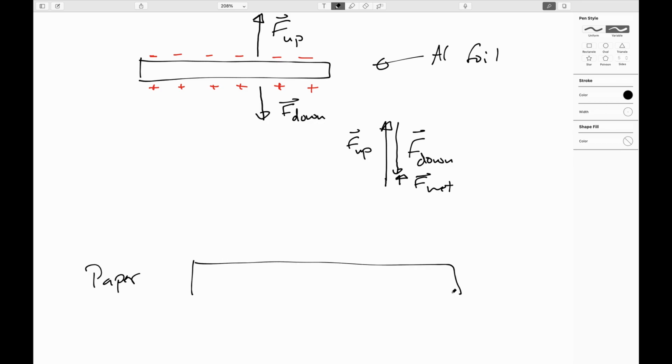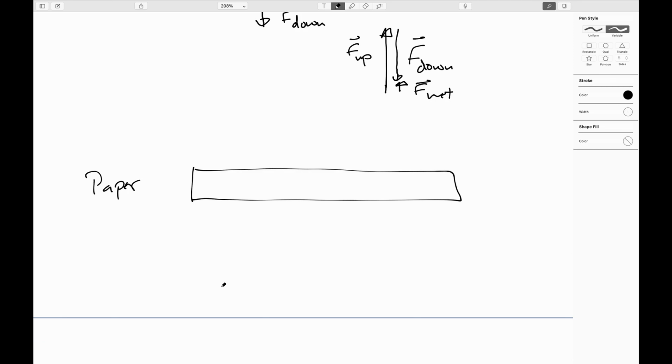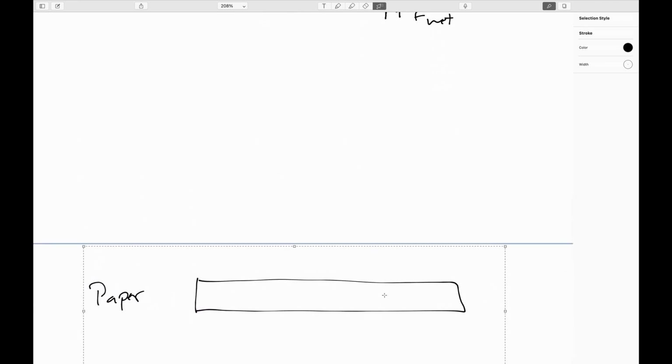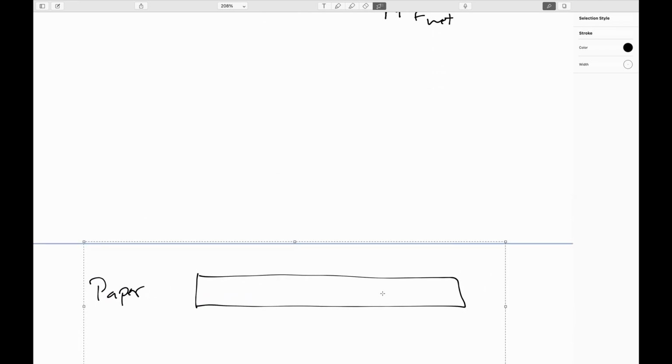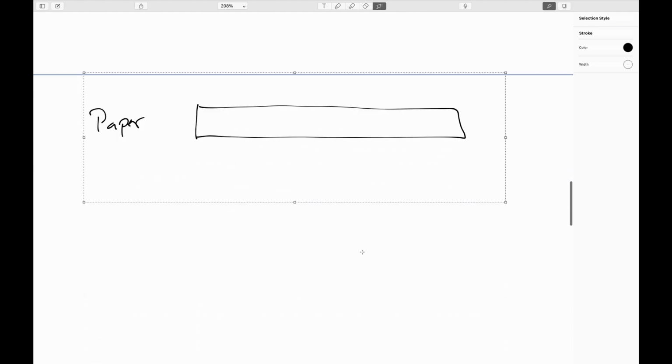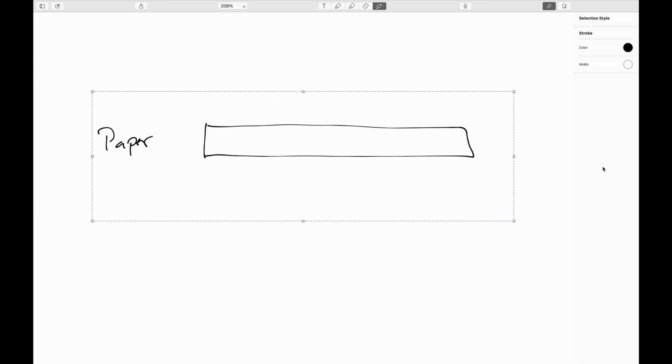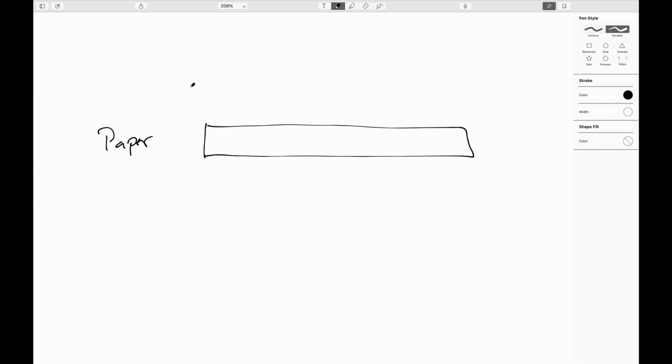Okay. So let's say you go ahead and bring a positively charged rod again over your piece of paper.